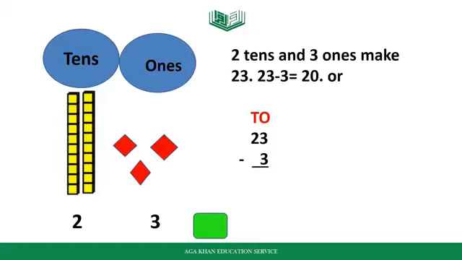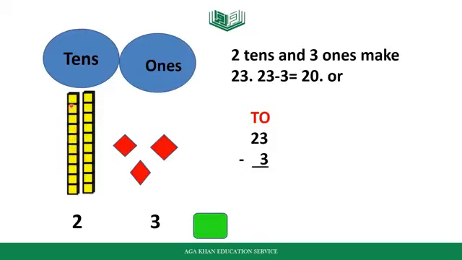See, in a 10, there is a complete group. For example, look at this bar. Here we have two tens. There are two bars of 10. Let's count the boxes. 1, 2, 3, 4, 5, 6, 7, 8, 9, 10.